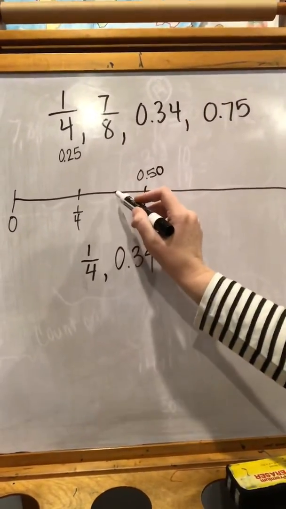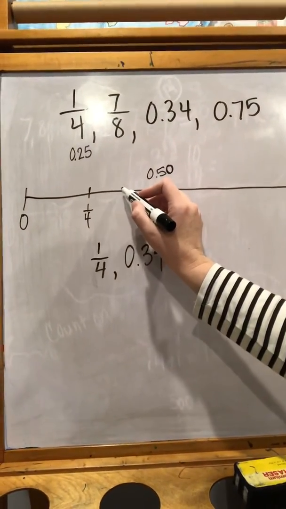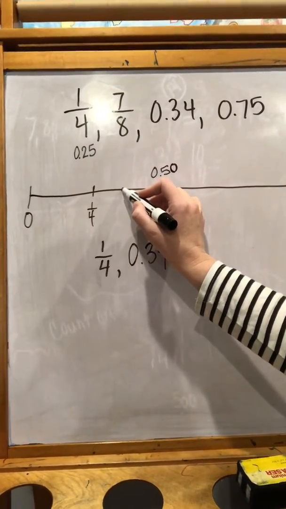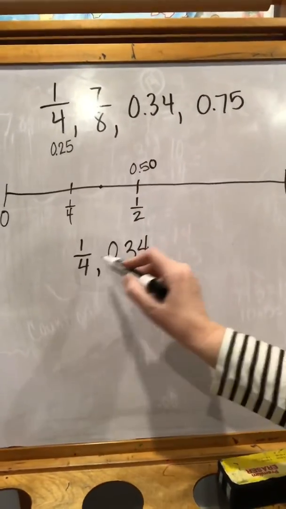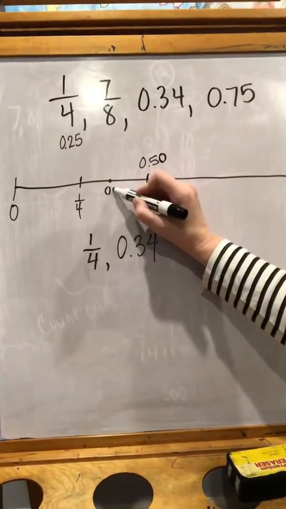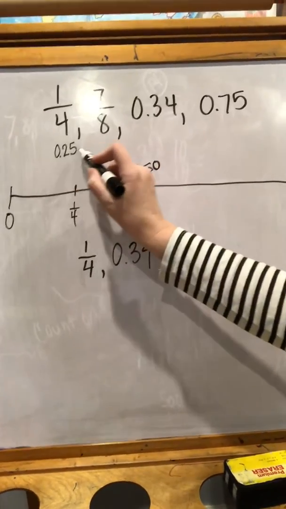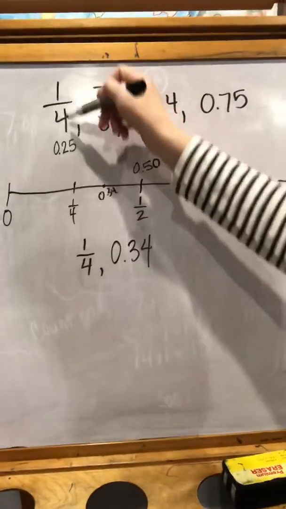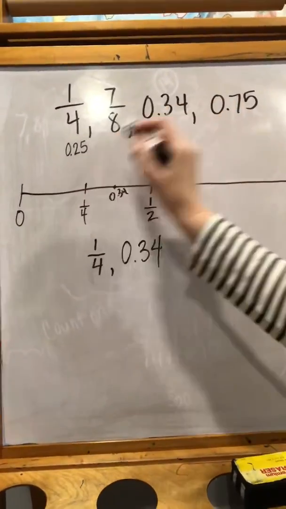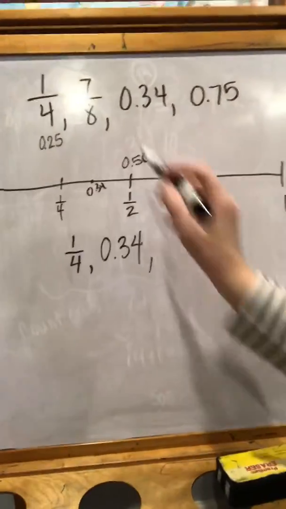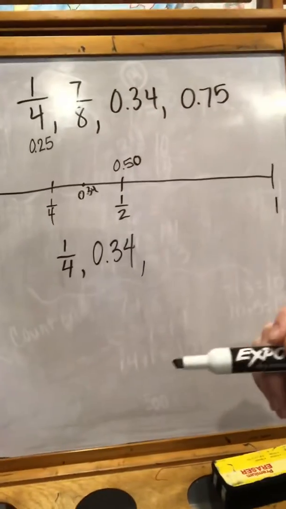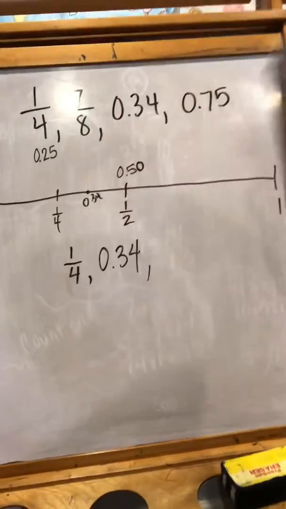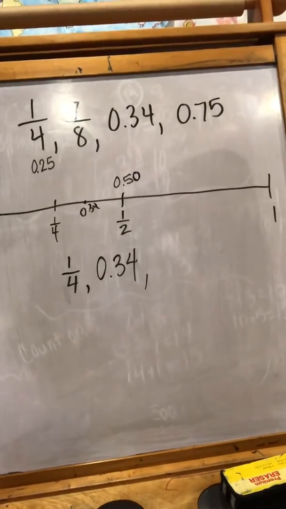So I'm thinking it's going to be really more over here somewhere. So I'm going to say that that's going to be my next smallest. Like we said before, 0 and 25 hundredths is what 1/4 is equivalent to, and that is less than 34 hundredths. Again, I'm very confident that 7/8 is pretty close to 1, so I'm thinking that's going to be my largest of these numbers.